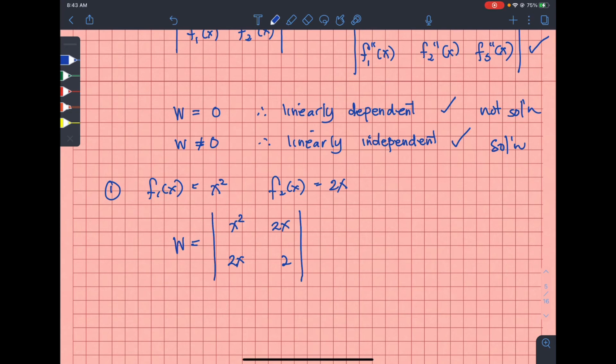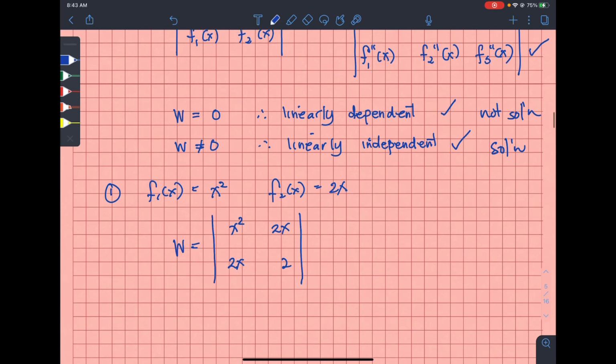So for a 2 by 2 matrix, to find the determinant, we are just going to get the product of the downward element minus the product of the upward element. So this is only true for a 2 by 2 matrix.